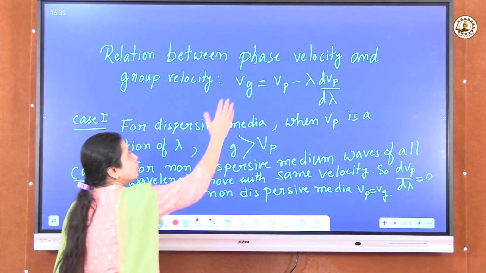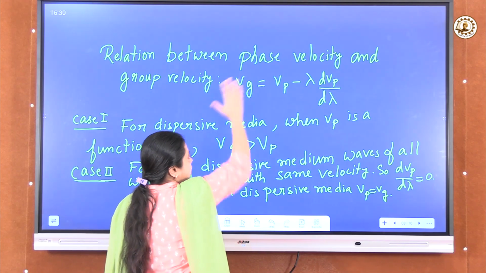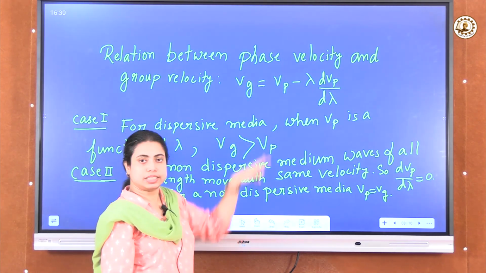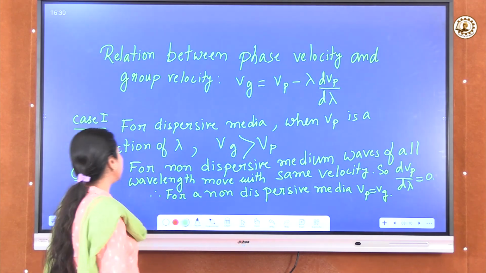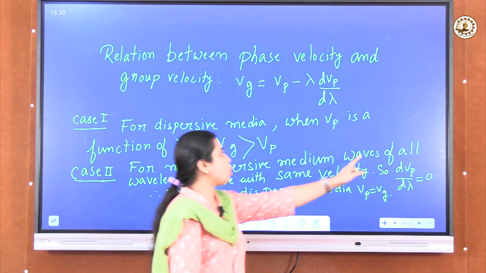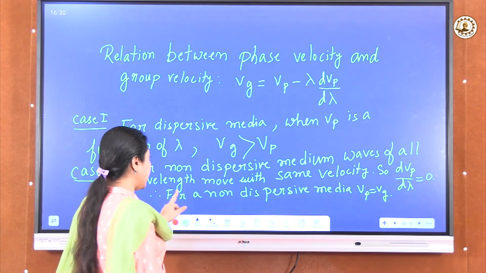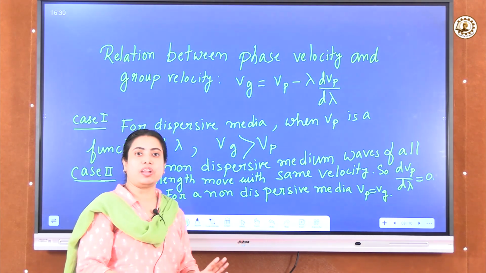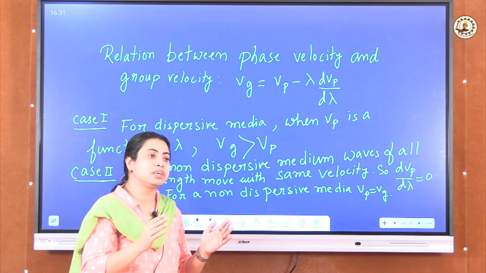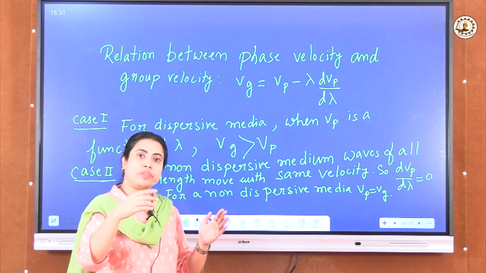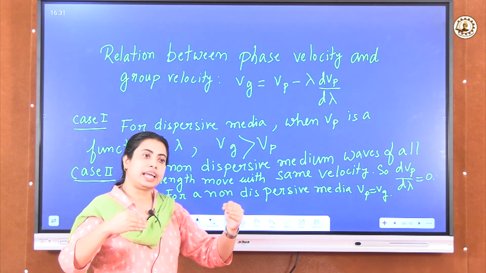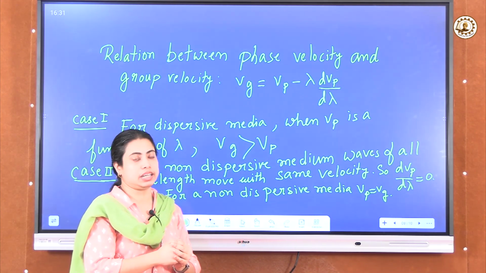So therefore group velocity will be greater than phase velocity from this relation. And for a non-dispersive medium, waves of all wavelengths move with the same velocity. Dispersive means waves of all wavelengths move with different velocity. So at the end you will not get the same result.